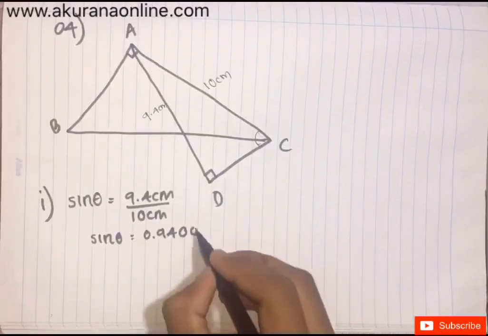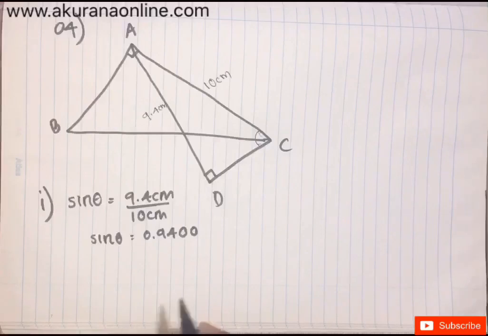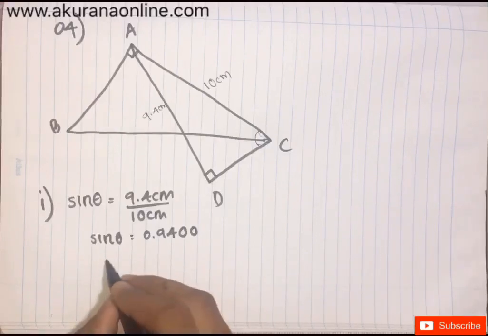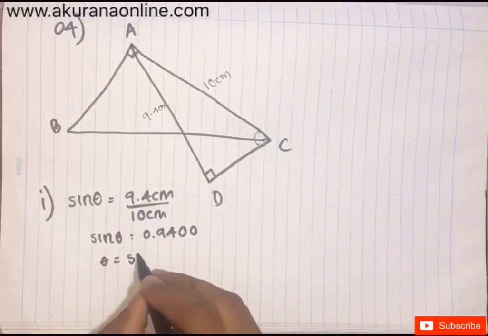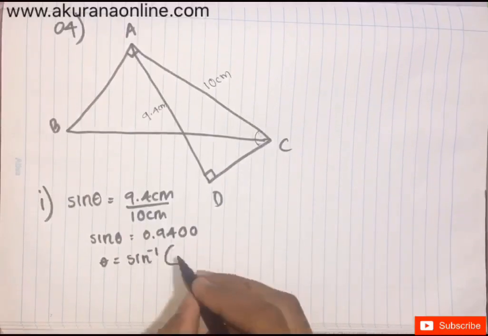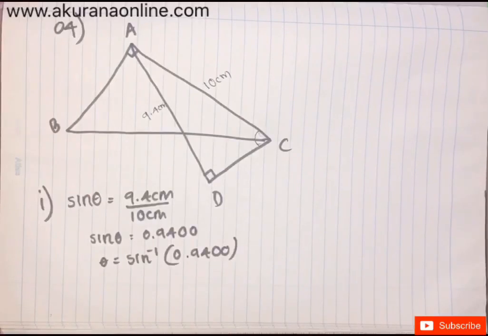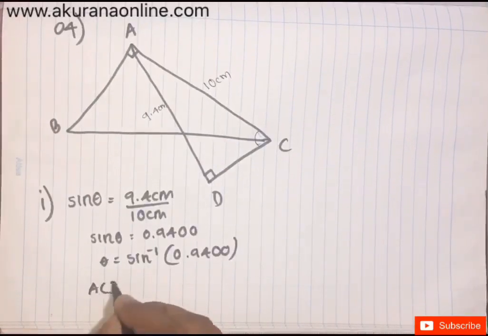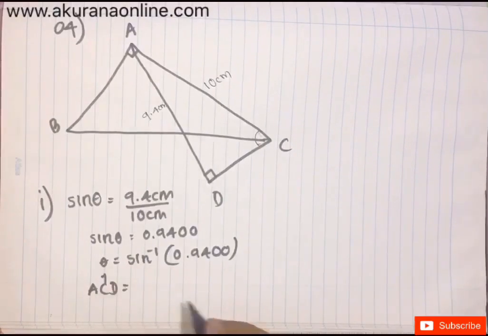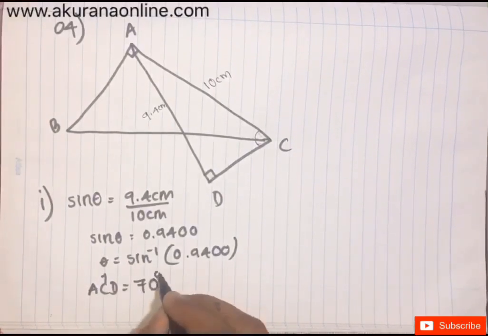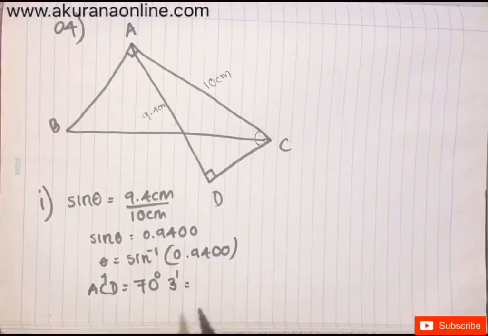I'll put two zeros in order to find it using the logbook. Therefore theta is equal to sine inverse of 0.940. Now if you take the logbook and find out, the value of ACD, that is theta, will be equal to 70 degrees and 3 minutes. Therefore they have asked you to round off and get the answer as 70. Therefore this is equal to 70 degrees.